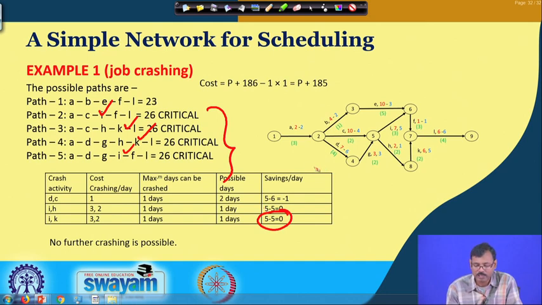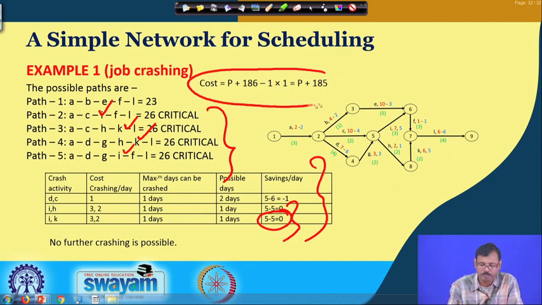That means further crushing of these jobs, taking these options, will not give us any cost profit. Our cost will remain the same, P plus 185, but you may opt for these crushings because they reduce the length, though they do not give any further profit.